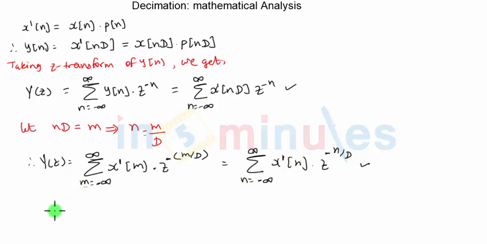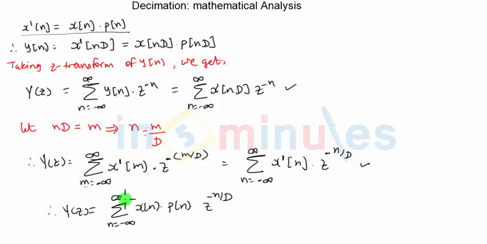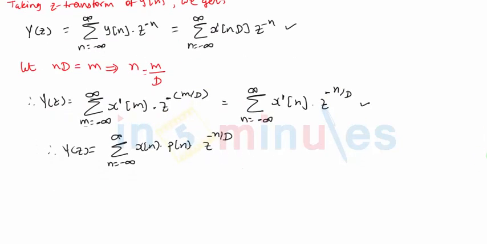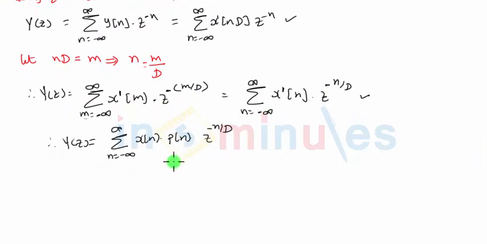That's it. Now further, I can write Y(z) is equal to the summation of, x' is nothing but x[n] into p[n], so x'[n] is nothing but x[n] into p[n] into z raised to minus n by d, and the summation is n equal to minus infinity to plus infinity. Now let's try to recall the nature of p[n].